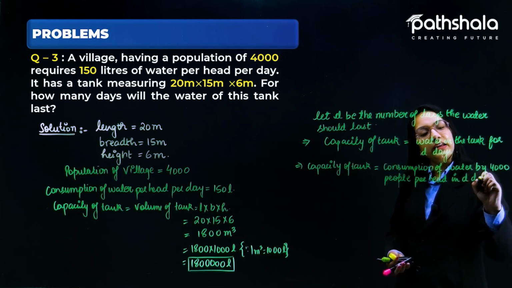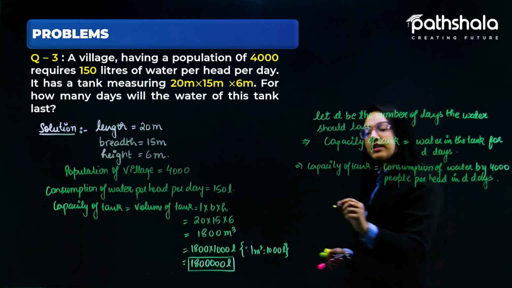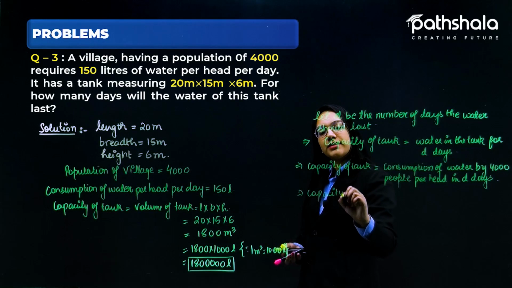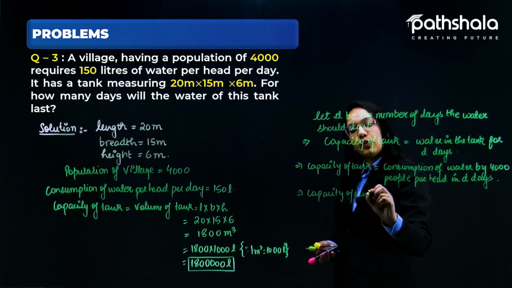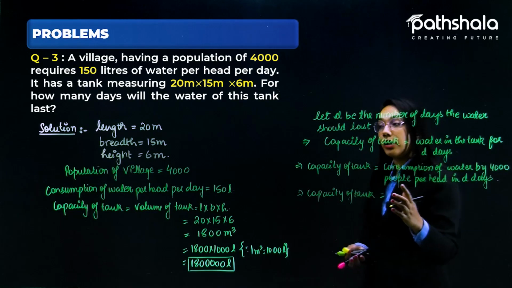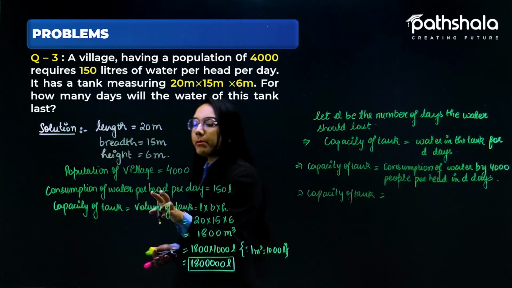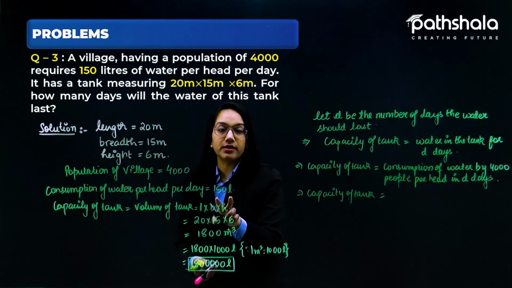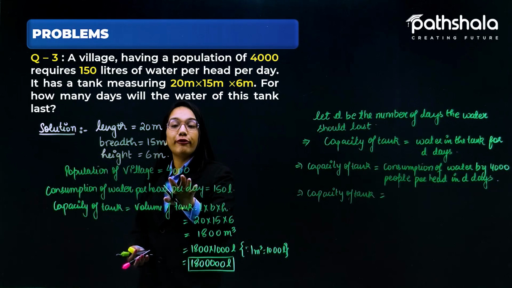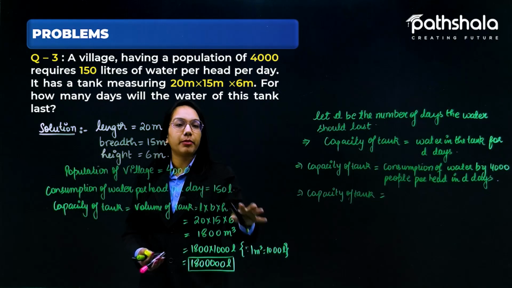We know that the consumption of the water per head per day was 150 liters. So what is the consumption of the water by 4,000 people per day?